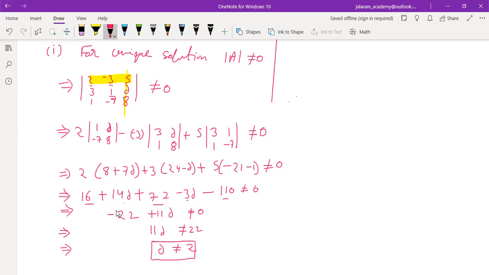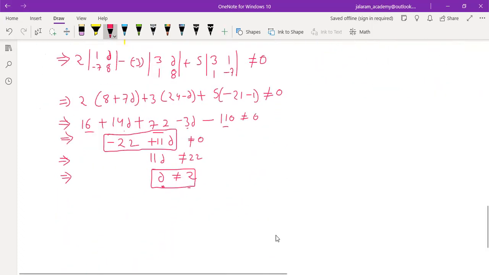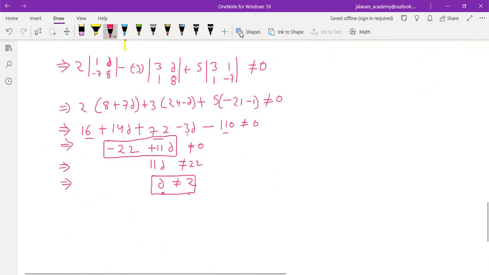And also remember this value of determinant of A, as in second part also we have to use this. So whenever this delta is not equal to 2, it will give the unique solution for all the values of delta except 2. So we can write that delta belongs to the set of all real numbers except 2.